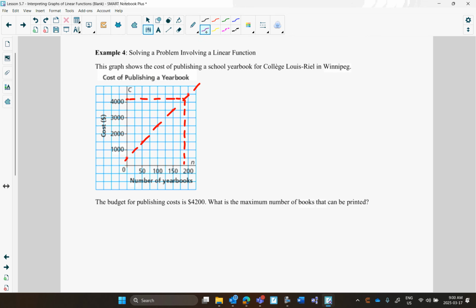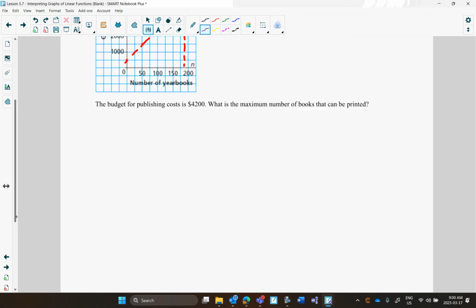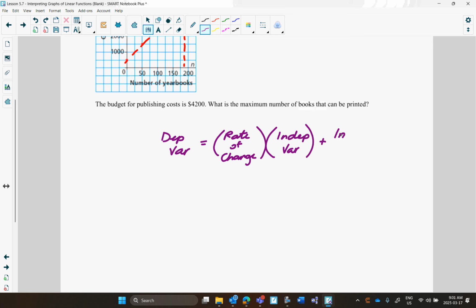And how do we find the equation again? Remember, it's a derivative of the slope-intercept formula. Instead of y, it's dependent variable equals rate of change times the independent variable plus the initial amount.